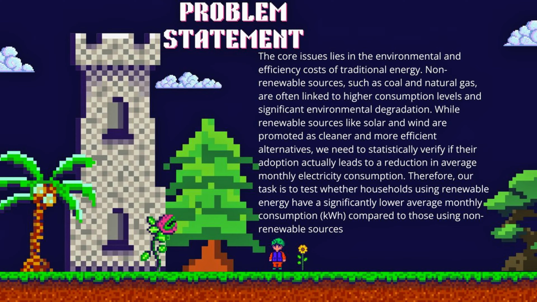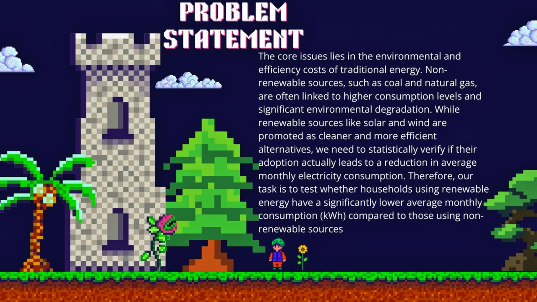Problem statement. The core issue lies in the environmental and efficiency cost of traditional energy. Non-renewable sources such as coal and natural gas are often linked to higher consumption levels and significant environmental degradation, while renewable sources like solar and wind are promoted as cleaner and more efficient alternatives.